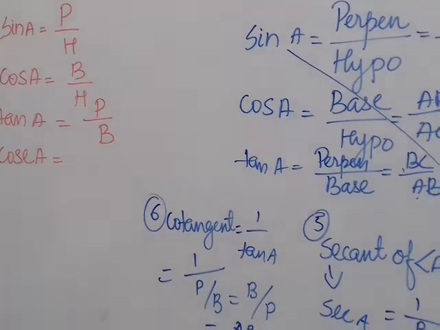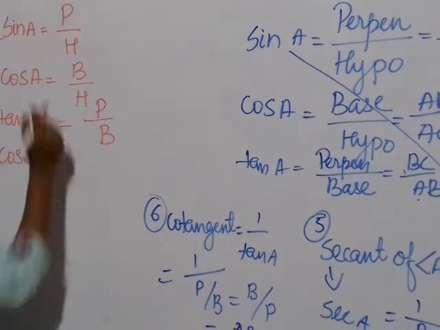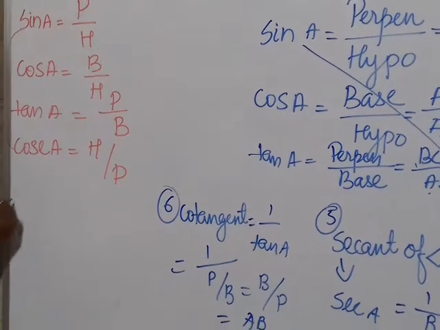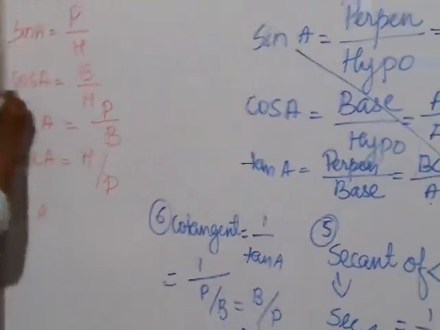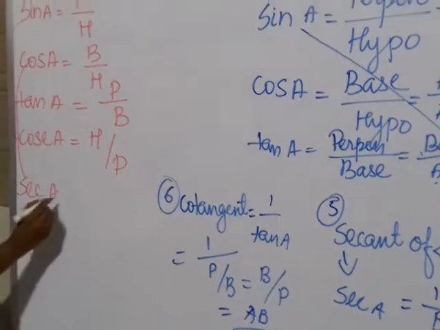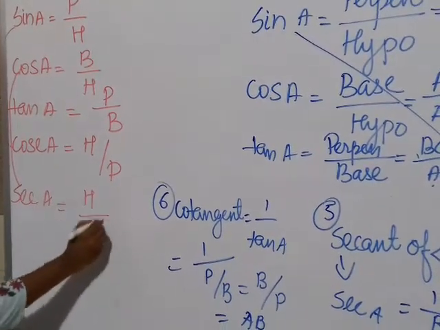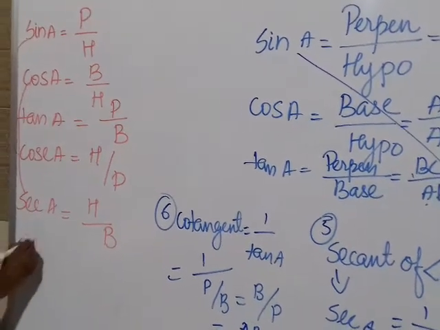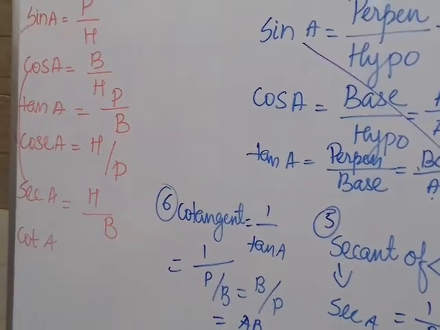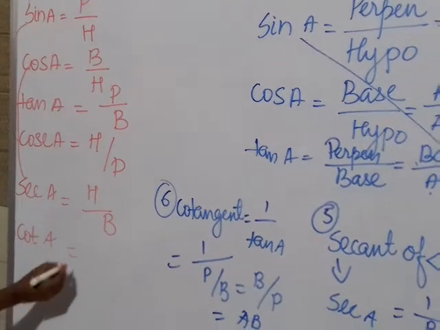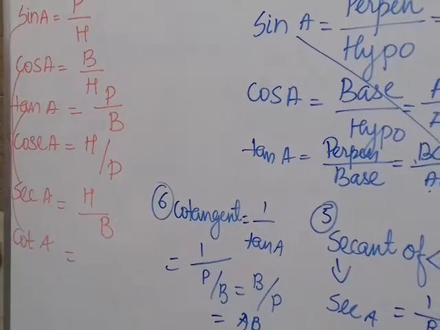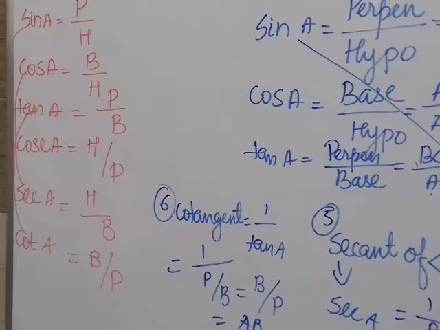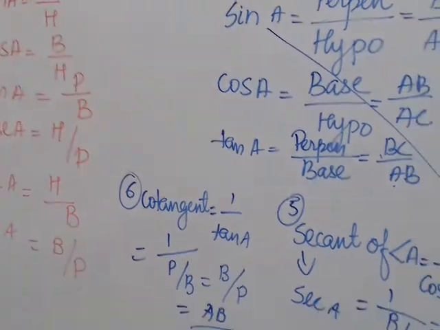Okay, cosec is H by P. Now sec A. Sec means the reverse of cos, that is H by B. And cot, the short form of cotangent, that is cot A. Cot A is just the reverse of tan, that is B by P. Okay, this is the short form.